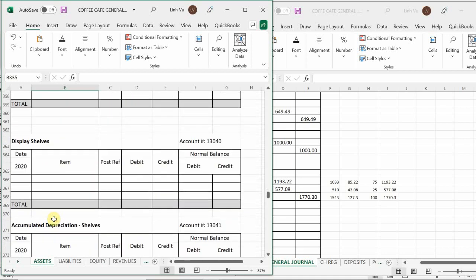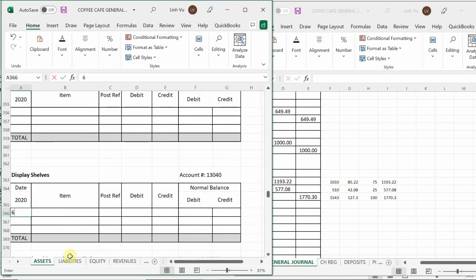My display shelves are down here, right?